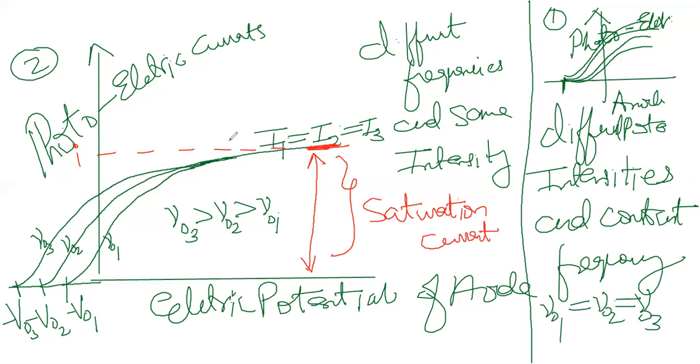The intensities are a different situation. This is called small i S, the saturation current, not stopping current. Is that understood? Yes, sir.